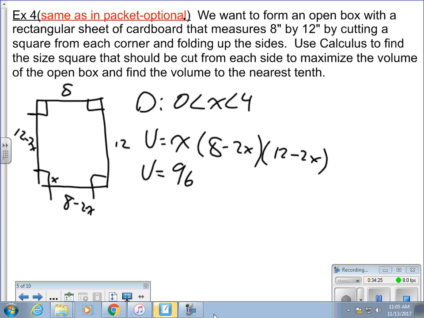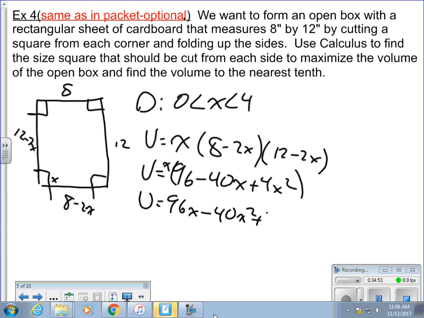And then 2 times 12 is 24. 2 times 8 is 16. 24 plus 16 is 40. And then 2x times 2x is 4x squared. However, I still have the x in front, so that's actually all times x. So my volume is 96x minus 40x squared plus 4x cubed.